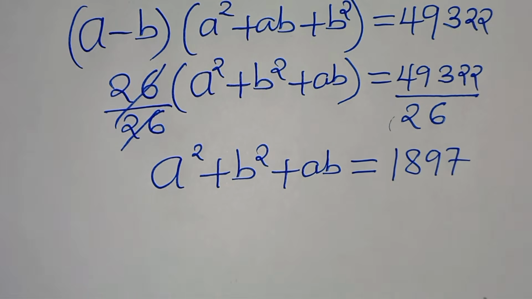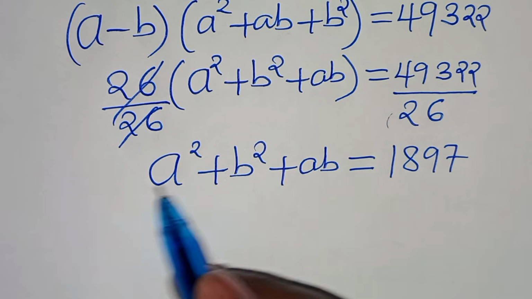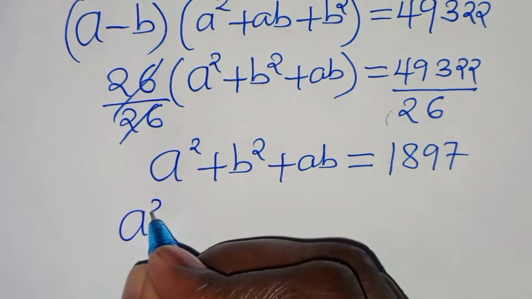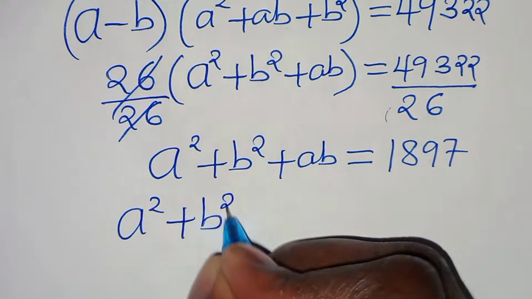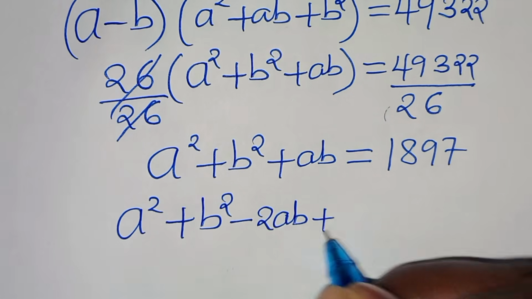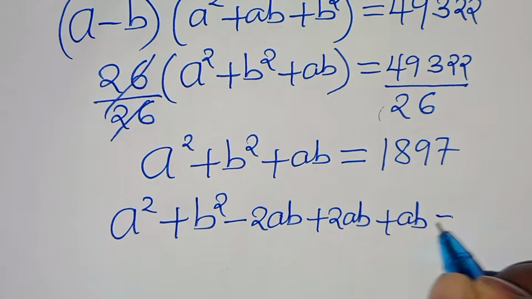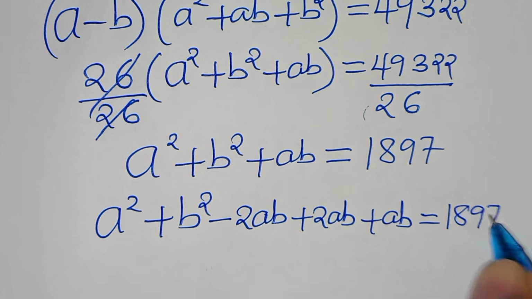The next step is that a squared plus b squared plus ab, we can also express as a squared plus b squared minus 2ab plus 2ab, then plus ab, equal to 1897.